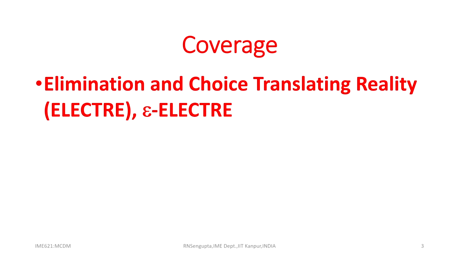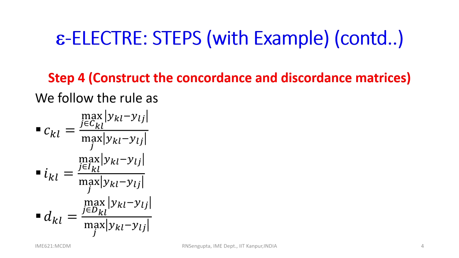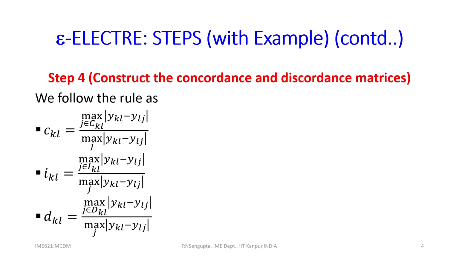So, the coverage continues of Elimination and Choice Translating Reality, which is the ELECTRE process, specifically the Epsilon ELECTRE we are considering. Now, once you formulate and find the concordance, discordance, and indifference, I need to find the values of CKL.